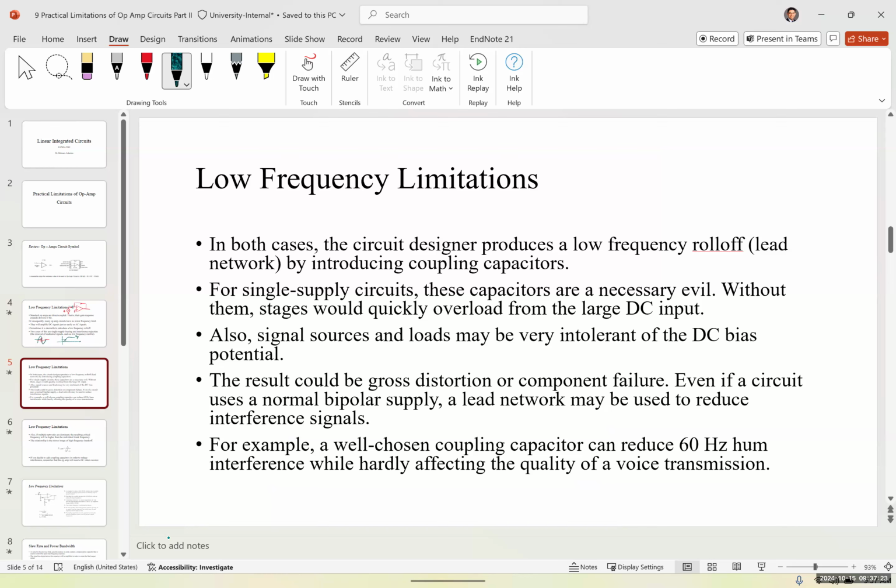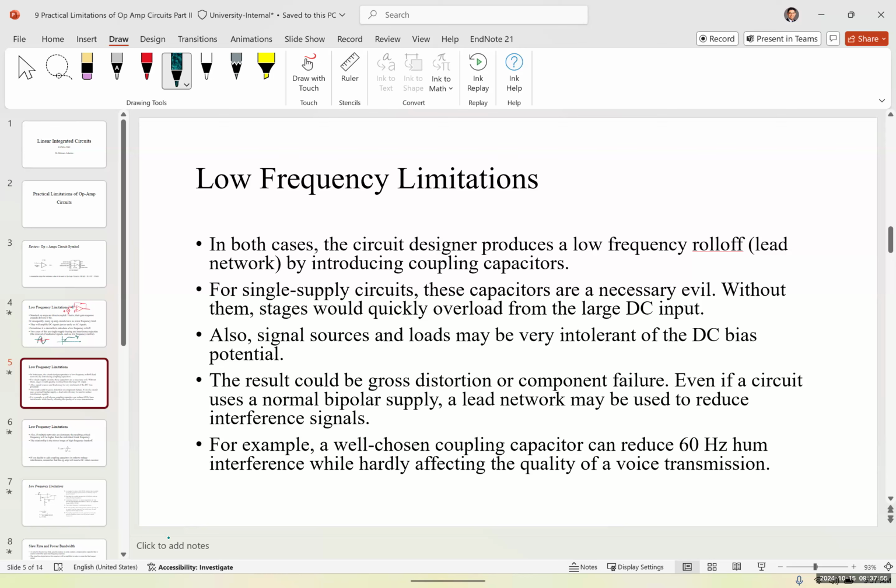So in both cases that I mentioned, whether it's a single supply op amp, where we need to separate the input from the DC power supply using a capacitor, or simply a high pass filter, the circuit design produces a low frequency roll-off or a lead network by introducing coupling capacitors.